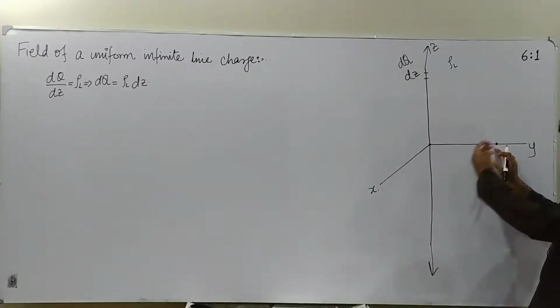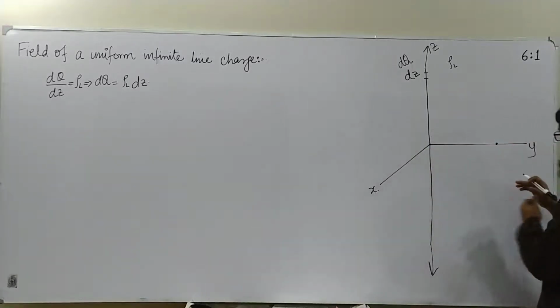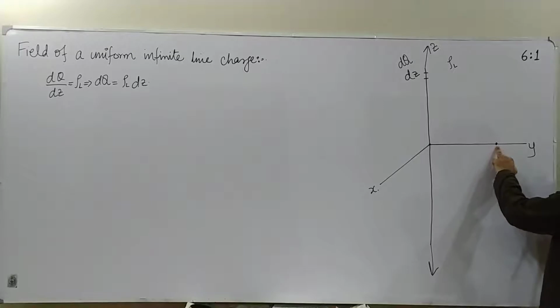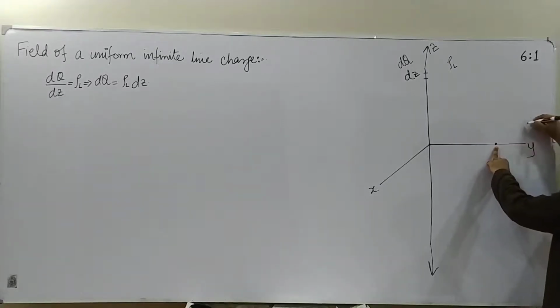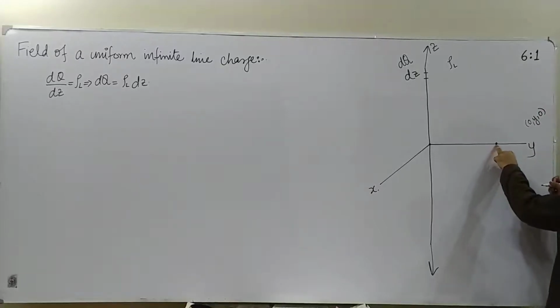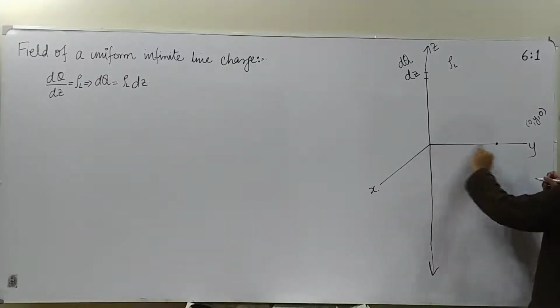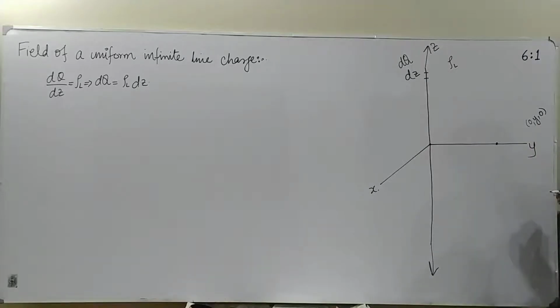Later on we will try to generalize the result that we get by taking this field point on the y-axis. So the field point is on the y-axis, so definitely the coordinates would be 0, y, 0, whatever the distance of this point from the origin is, we'll take that as y.